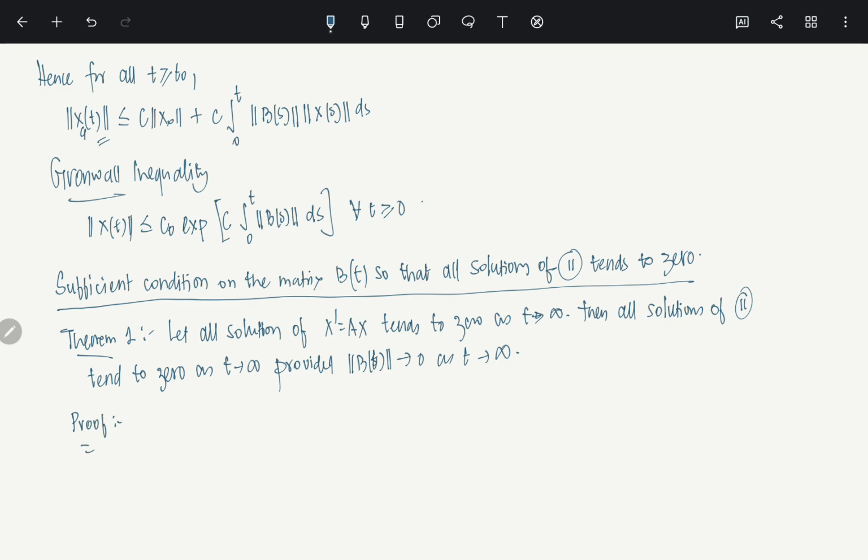So first of all, solutions of x prime equals A x tend to 0. That is given to us. If that happens, then let A be such that all its eigenvalues have negative real part.